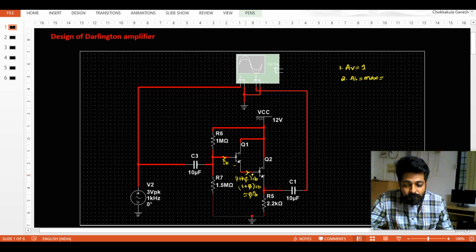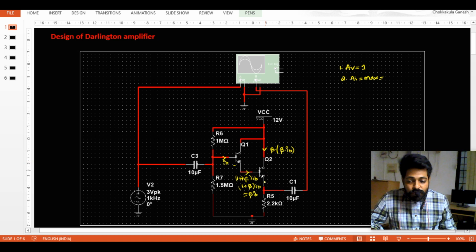When beta times IB flows over here, there will again be beta times that current, so beta times beta times IB, that much current will be expected by the transistor. So what will be the output current?